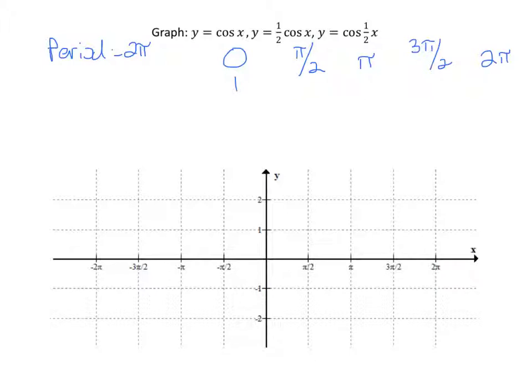Then as I hit 90 degrees, I'm at 0, then -1, 0, back to +1. So this is the pattern for cosine. And I can graph these points as well. And I should be able to graph them backwards. And notice that I'm still making these graphs curvy, not pointed.